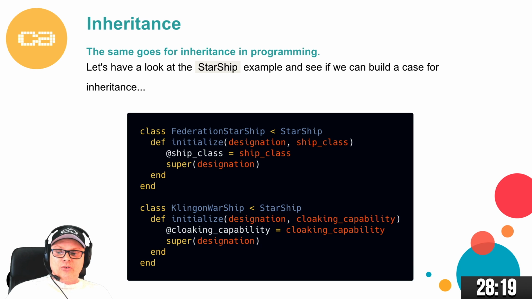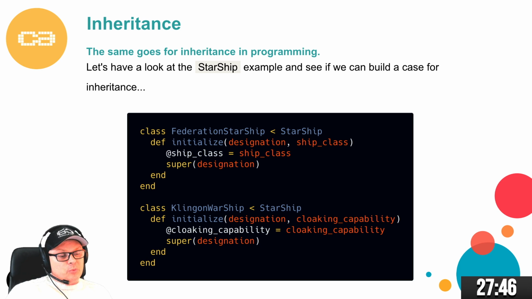And since the Klingons don't care about ship classes, we don't use that data to describe a Klingon ship. Which means that if we added these attributes as part of the blueprint to the Starship class, it wouldn't fit the use cases. You understand? It wouldn't be relevant for all instances when we want to describe starships in our fake universe, right?